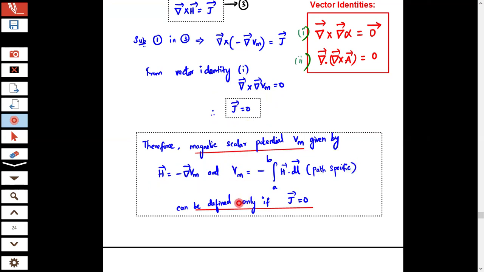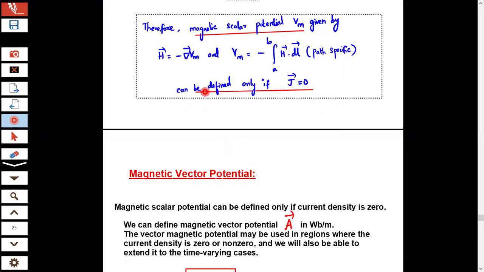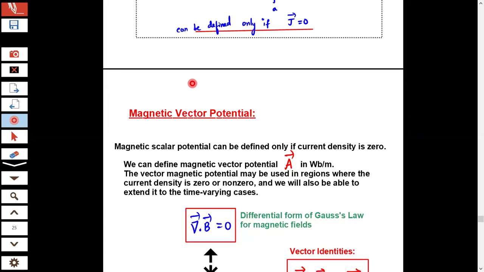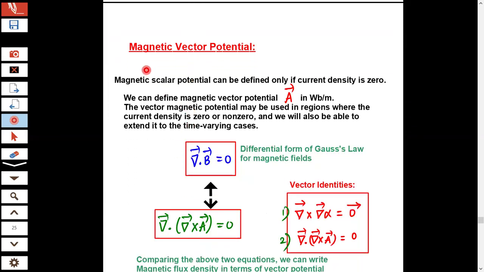Now, if we want to define magnetic potential which is true irrespective of whether current density is zero or non-zero, we need to represent the potential in the form of vectors, whereas magnetic scalar potential can be defined only if current density is zero.